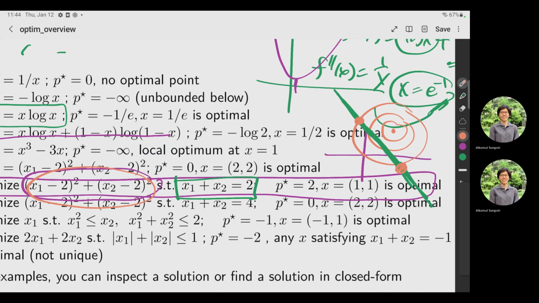Where should I pick? Now I'm going to change the color. I pick a smaller one, the purple one. Should I pick the smallest one? Which one should I pick?